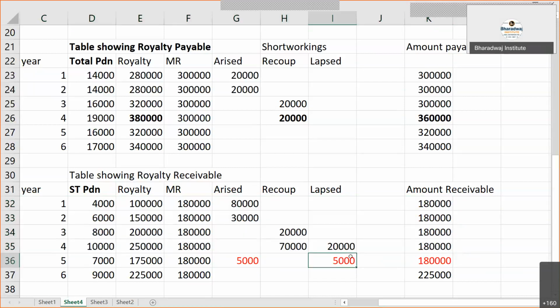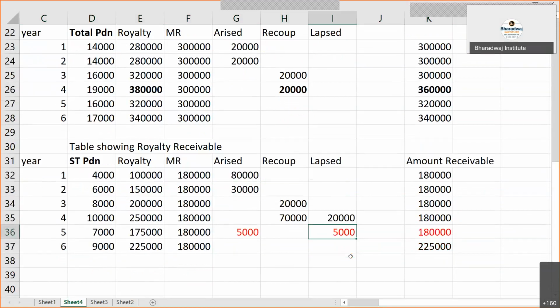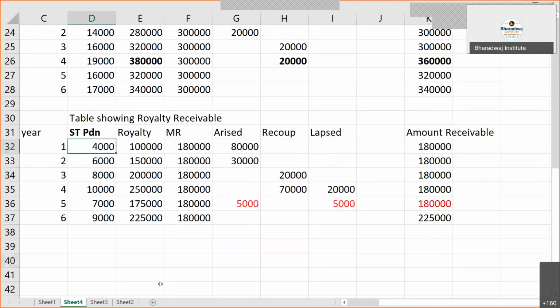Okay. So this also can be tested in the exam. And in this one, a smart question can be tested. How much is the subtenant paying? 25 rupees per ton.